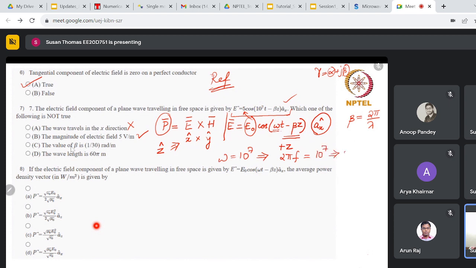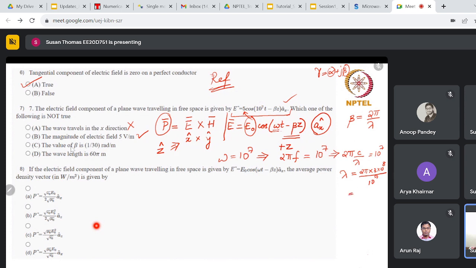Or I can write 2 pi into f can be replaced by c by lambda is equal to 10 power 7, where I can find lambda is equal to 2 pi into 3 into 10 power 8 by 10 power 7.